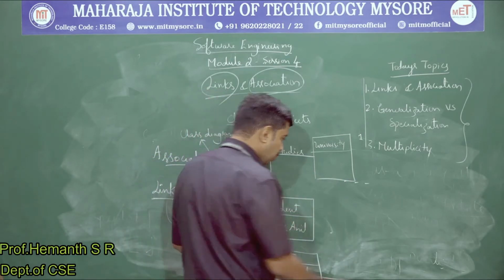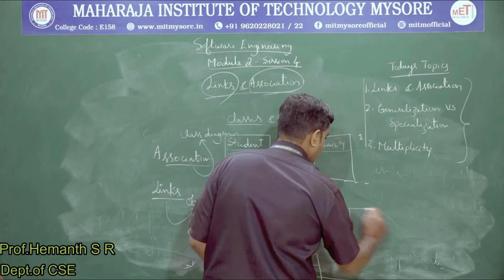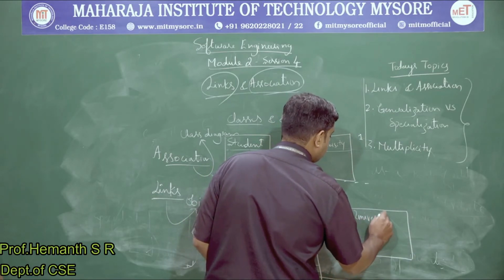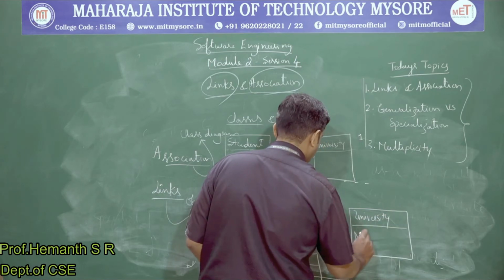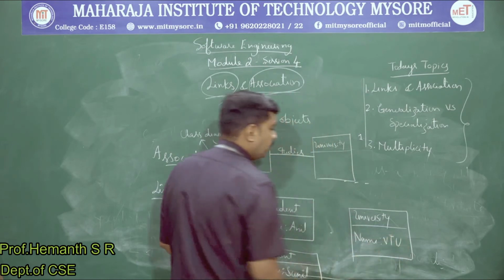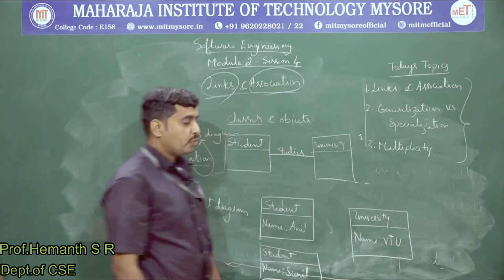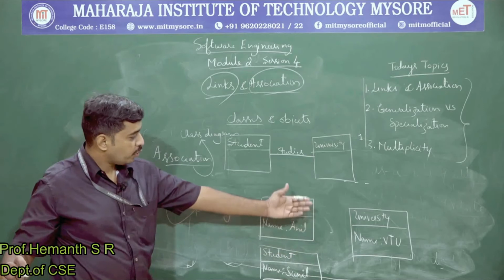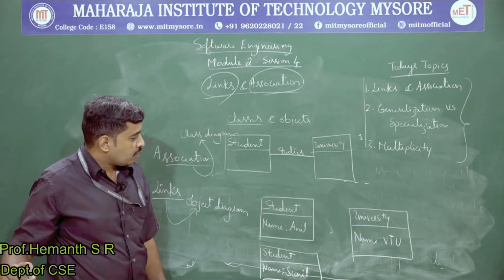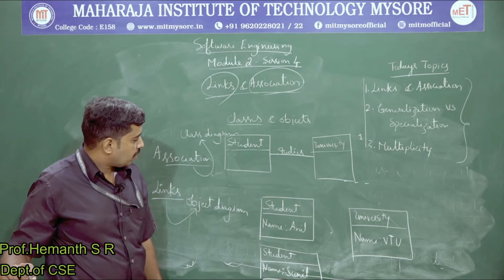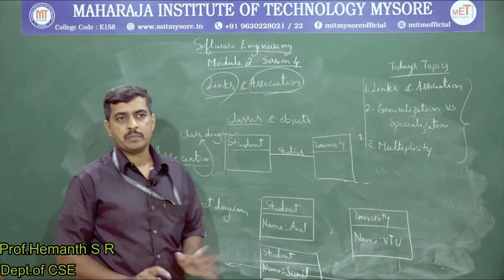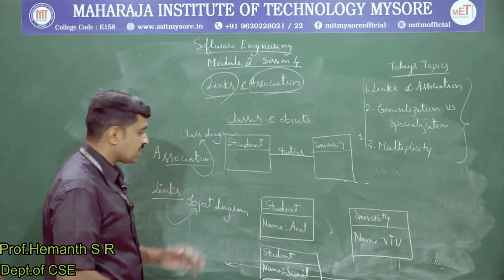I'll create one university object and name it VTU. So I have created one university object, VTU. The fundamental essence here is how the objects are related. That should be represented, and we are using links to represent it.